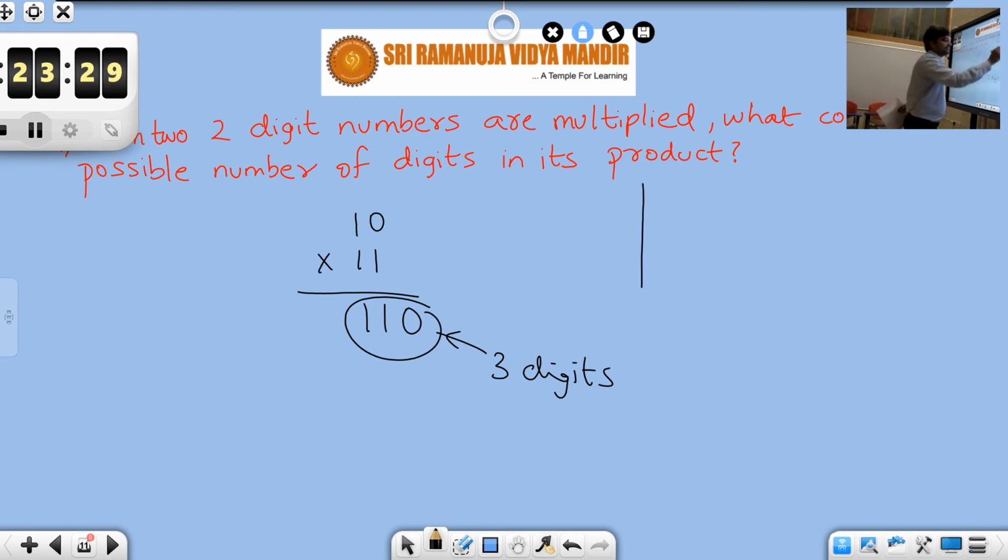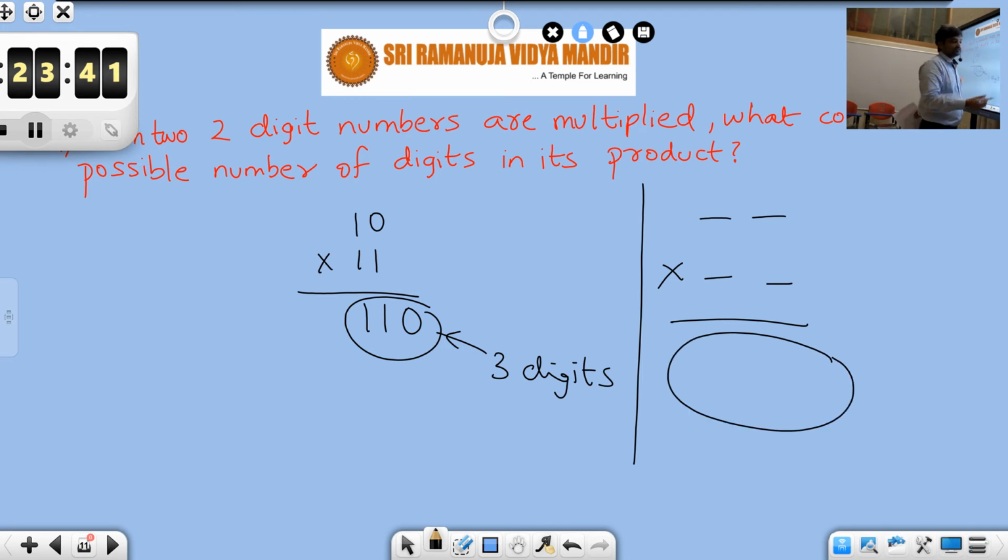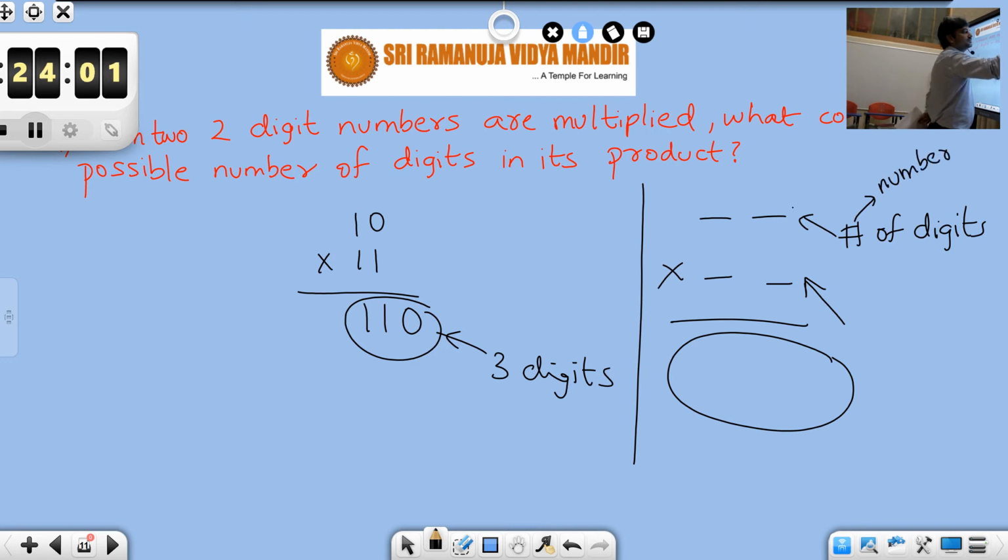And also one more property we have discussed. When we multiply two numbers, to find the maximum number of digits in the product, what we have to do is find the number of digits in the first multiplicand, and similarly find the number of digits in the second multiplicand.